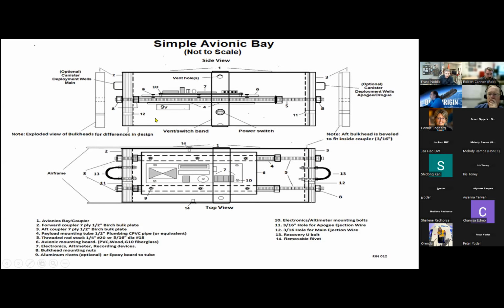And this stays with the sustainer of the rocket, of course. And of course, you have your vent holes and your power switches and your band right here, your vent band. I think a few years ago, I used to have a price on this. I think this whole thing cost maybe $25.